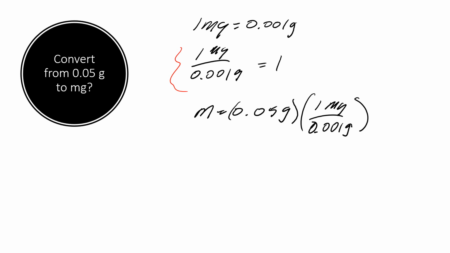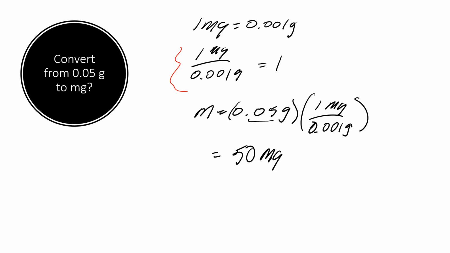We know this is 1 over 1,000, so that's like multiplying by 1,000. We move the decimal point in this number over by 3 places, and we end up with 50 milligrams.